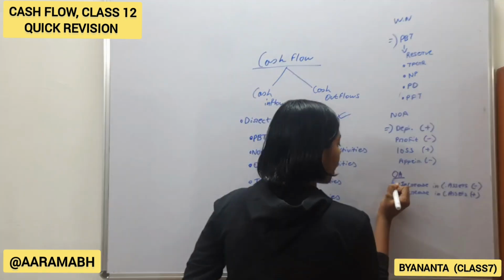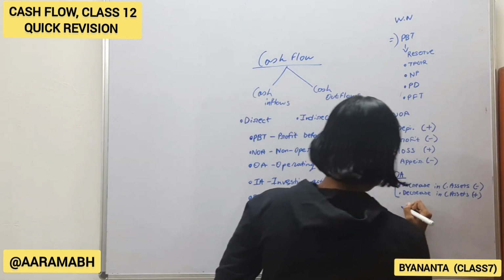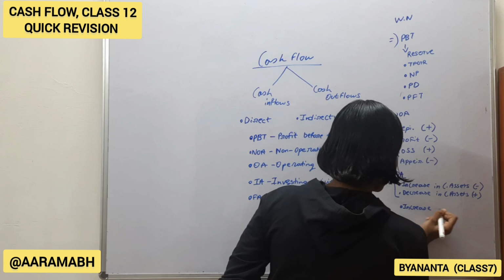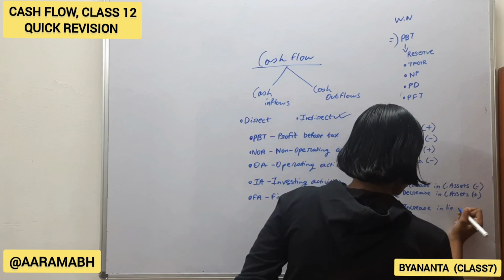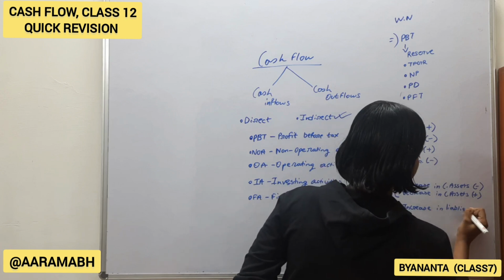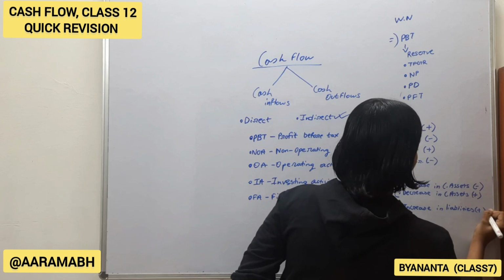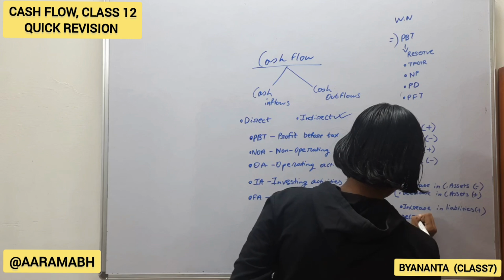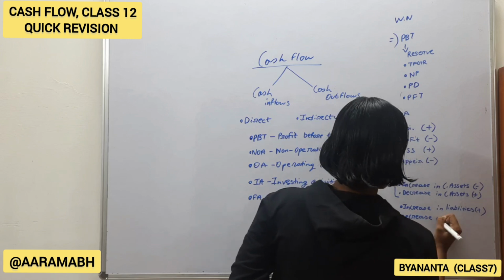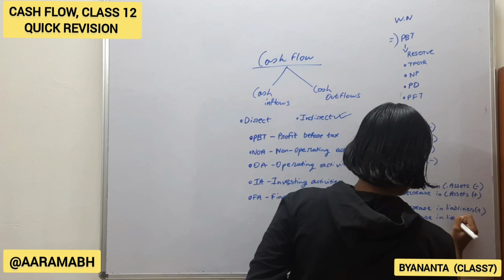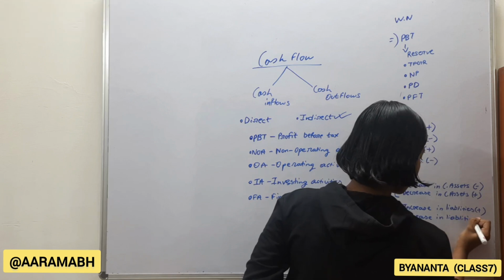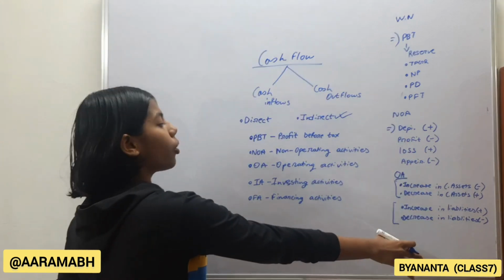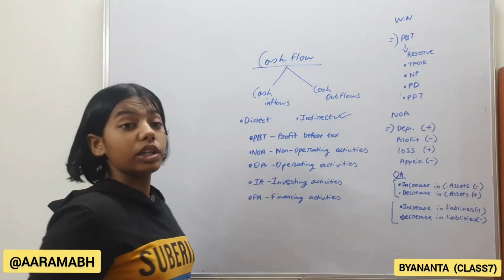Now this was the part of the assets, and now to start with the liabilities. Whenever there's an increase in the liabilities, we add the amount, and whenever there's a decrease in liabilities, we less the amounts. So that was our OA, all the stuff to be included in OA.